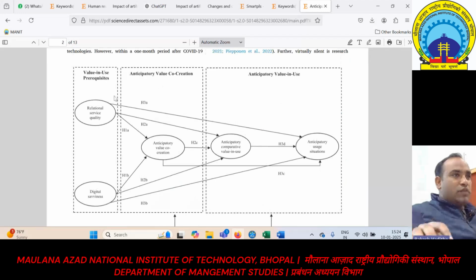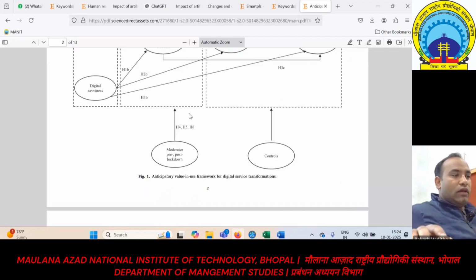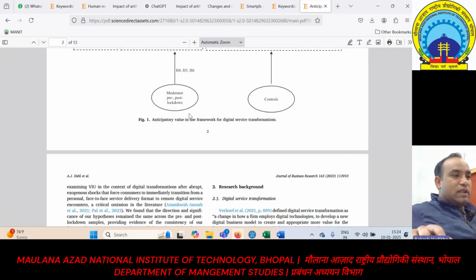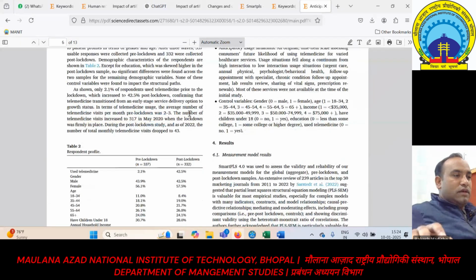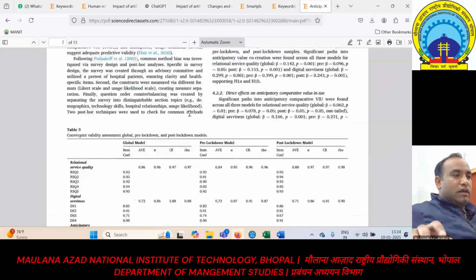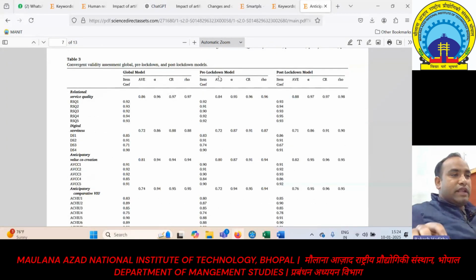They proposed this model, whatever the model is, but the analysis is the same. Here you can observe he has collected three data sets, with item codes, average variance extracted, alpha values, and CR values.